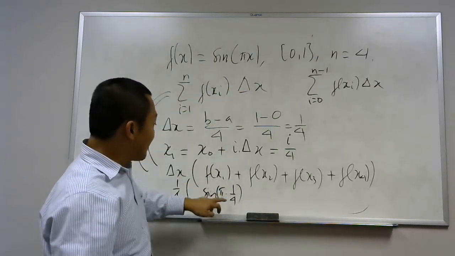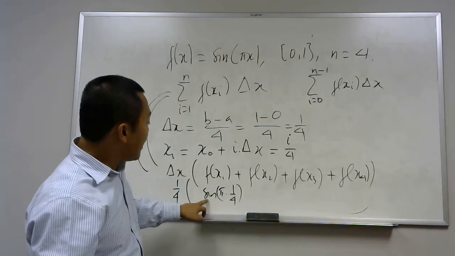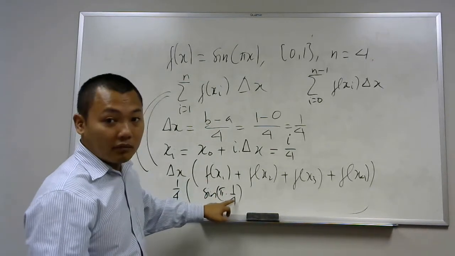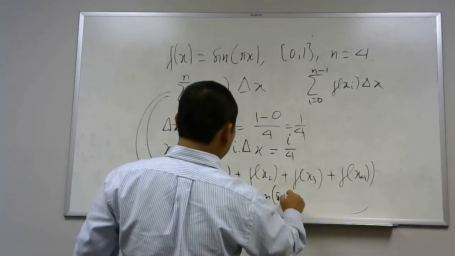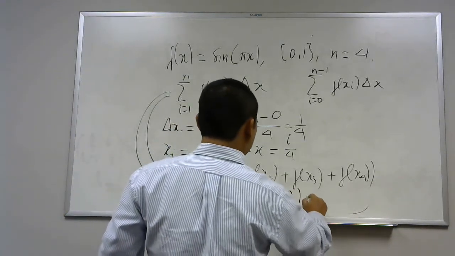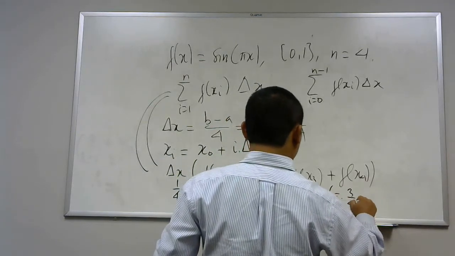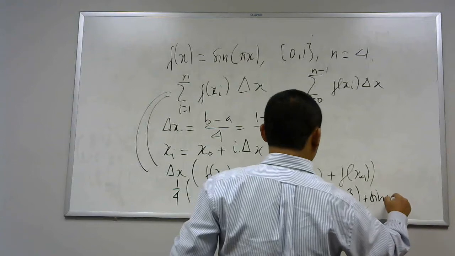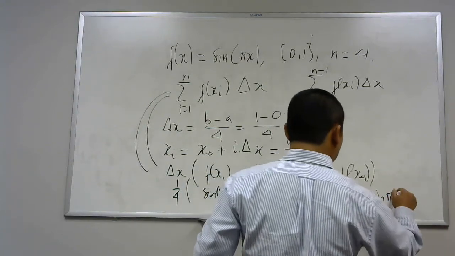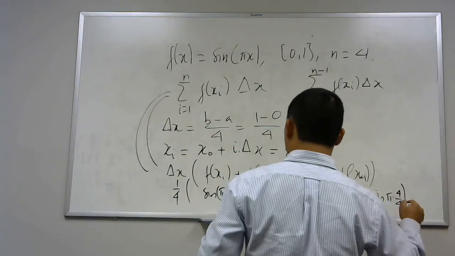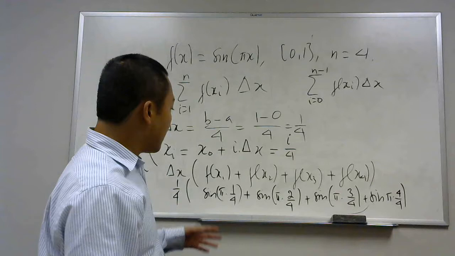But x is equal to 1/4. So the first term is sine of pi times 1/4. Similarly, we have sine of pi times 2/4 plus sine of pi times 3/4 and then sine of pi times 4 over 4.